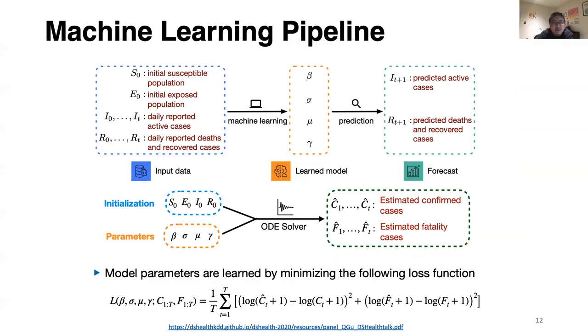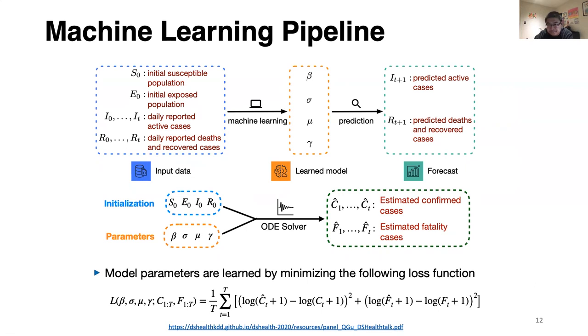So given the model parameters theta, which in this case would be beta, sigma, mu, and gamma, and the initial quantities, I mean the initializations like S0, E0, I0, and R0, the number of individuals in each group can be calculated at time t via standard numerical ordinary differential equation solvers. And I'm sorry, here this F should be R.